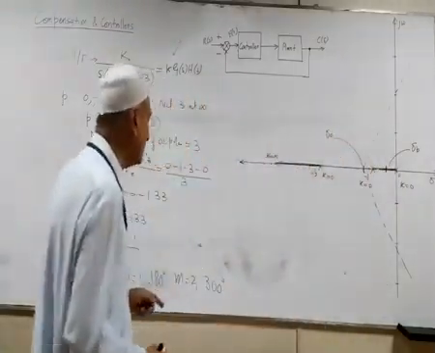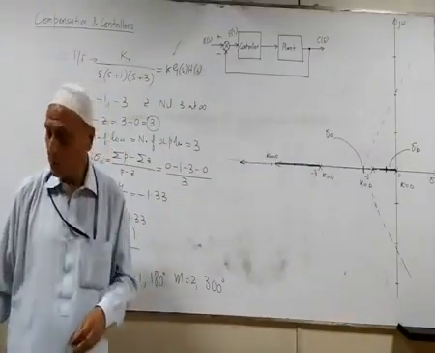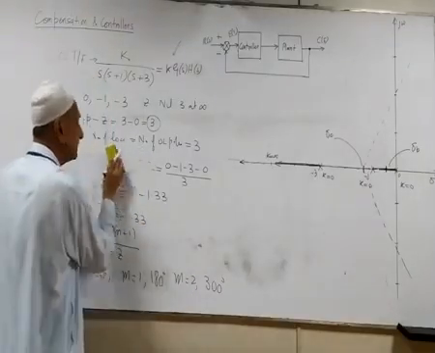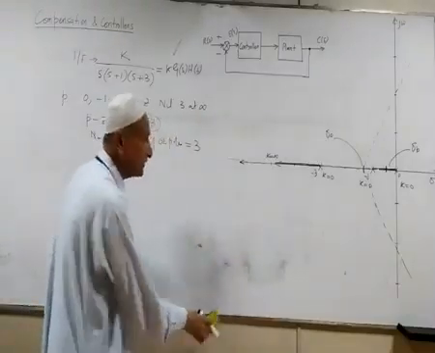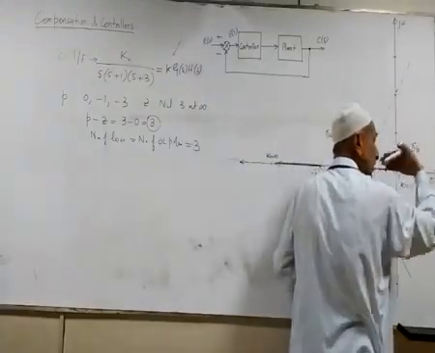Once we have done that, we are in a position to draw the root locus, but we must look for the j omega crossing point, because in this case the asymptotes say that the root locus will be guided in such a way that it should then cross the j omega axis.